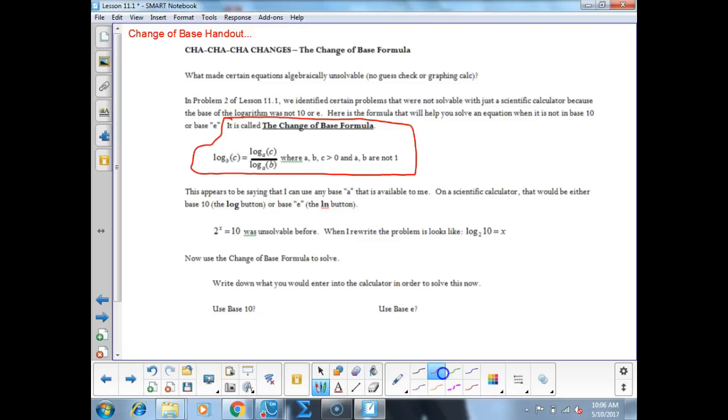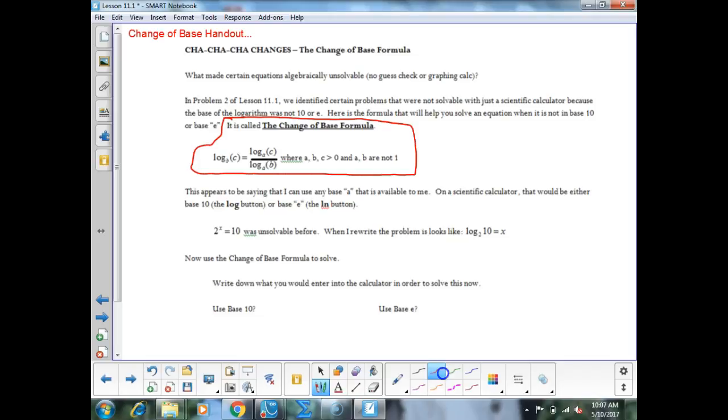Okay? But your scientific calculators are limited in that they have two logarithmic keys. They've got your log key and they've got your natural log key. Your log key on the calculator is going to be log base 10, your common logs, and that's it.